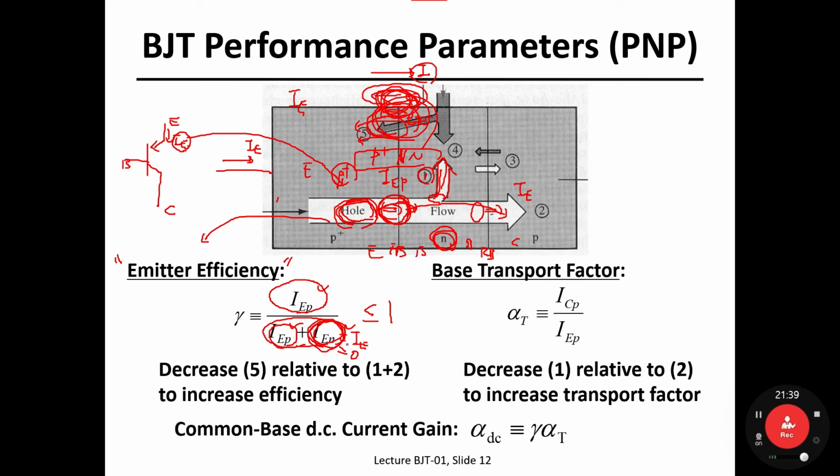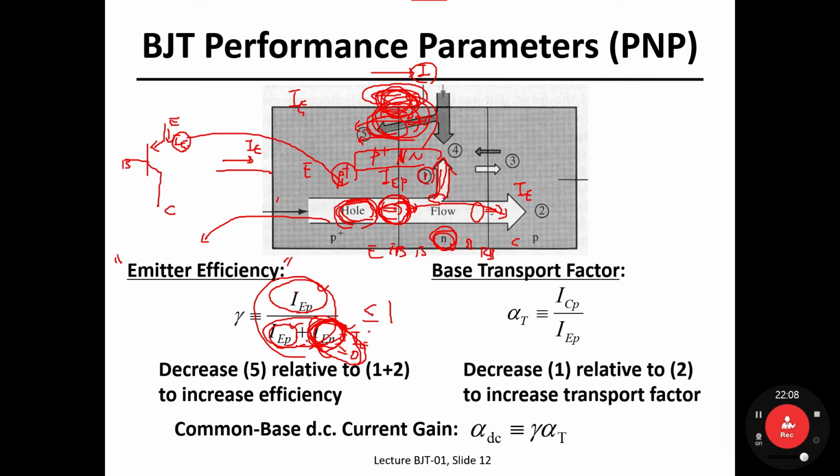So ideally, we would like to suppress the total amount of electron injection, the I sub En, down to almost 0, but that's ideal, right? Therefore, IEP divided by IEP plus IEn. So the maximum value of this metric, named as emitter efficiency, should be 1 or less.